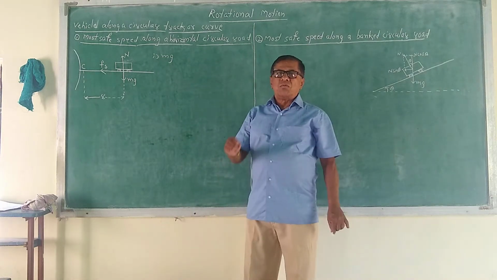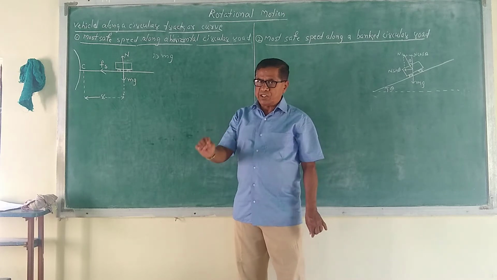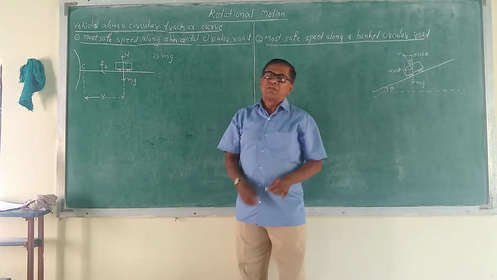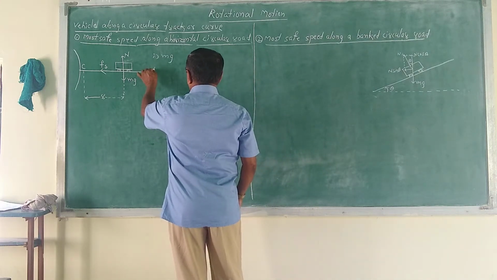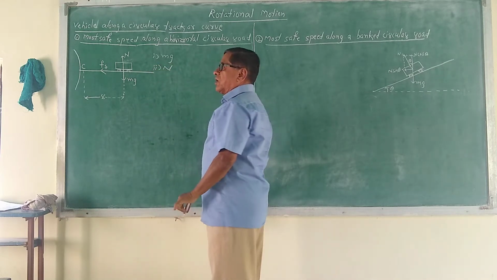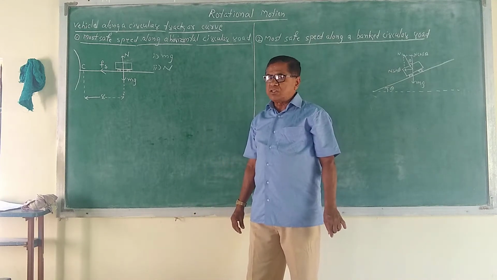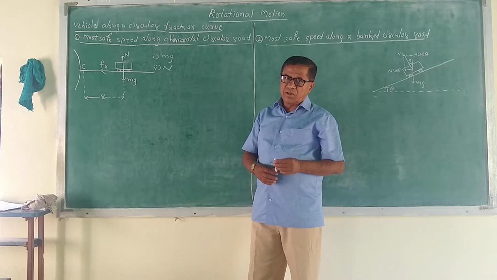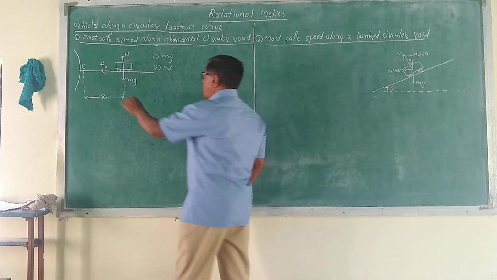Now always the weight is directed vertically downward. The second force, the normal reaction, is in the vertically upward direction. From the diagram you can see that these two forces balance each other, but the force of friction between the rubber tires and the road surface is along the curve, shown by Fs.